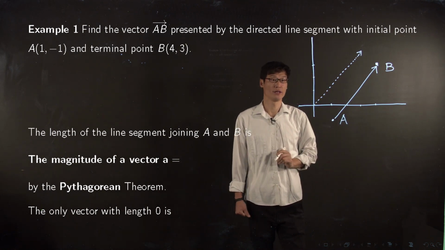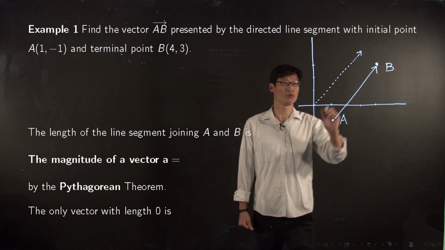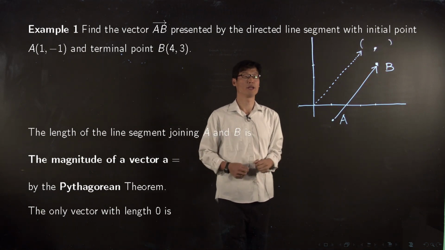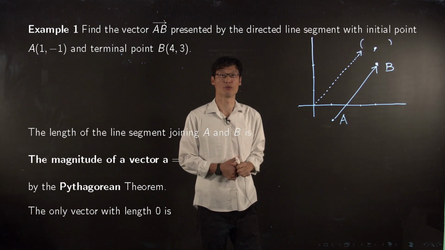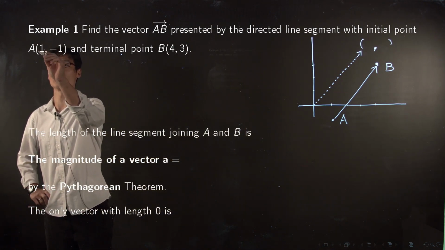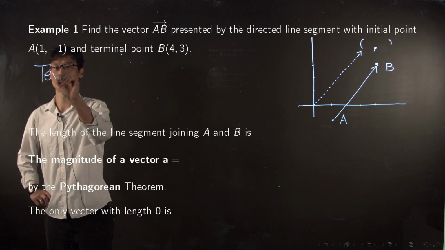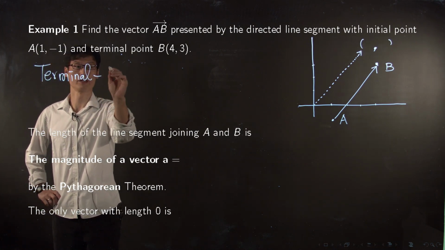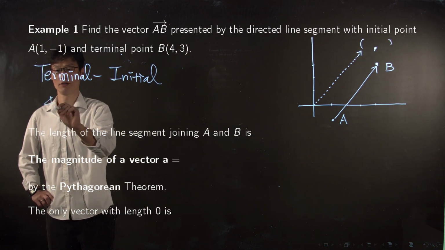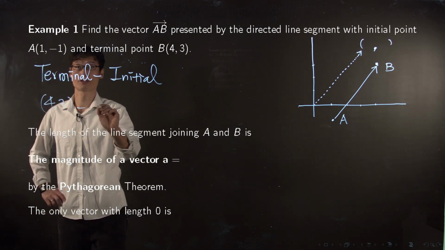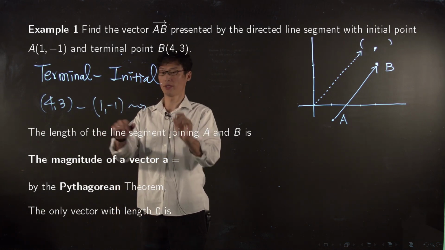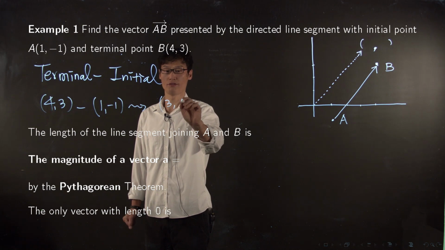All right. Once we find the coordinates of the terminal point, we'll be ready to write down this vector. To find this terminal point, what we can do is terminal minus initial. Terminal point (4, 3) minus initial point (1, -1) gives 3, 4.